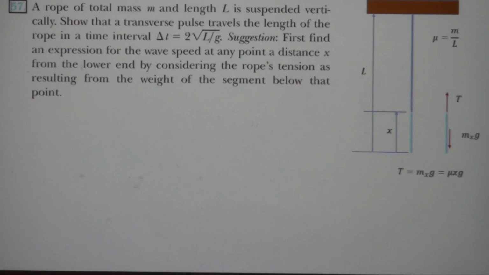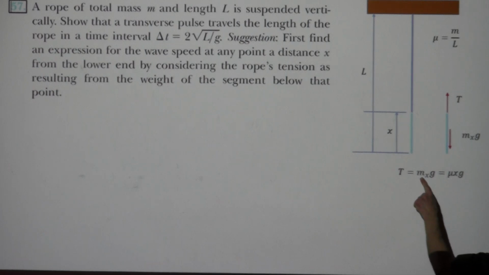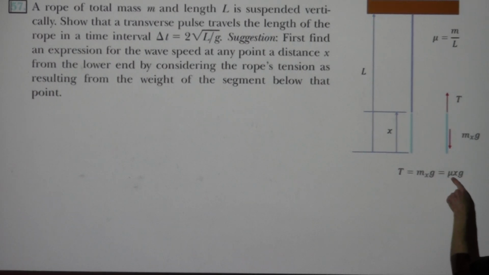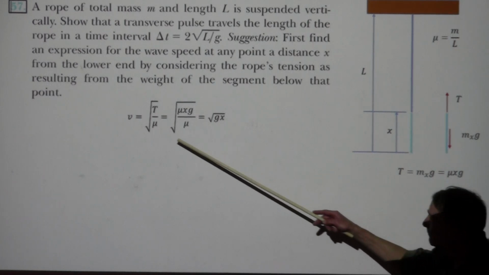Now the tension is holding this thing up. The mass m sub x should just be mu, the mass per length, times that x, and the tension in that cord should be that mass times g.